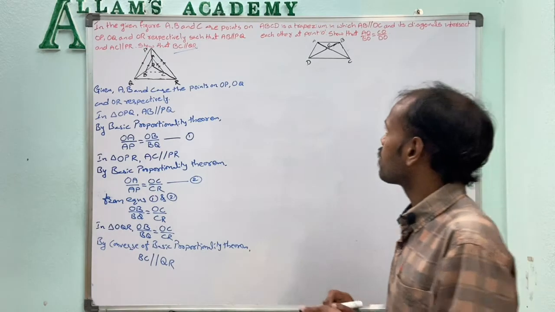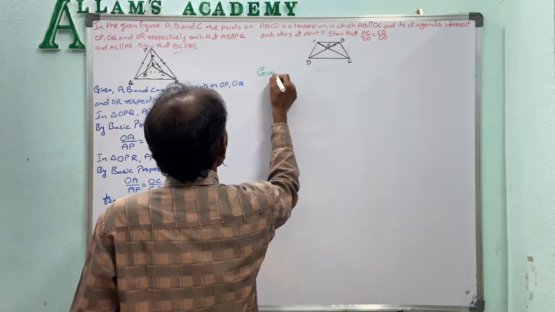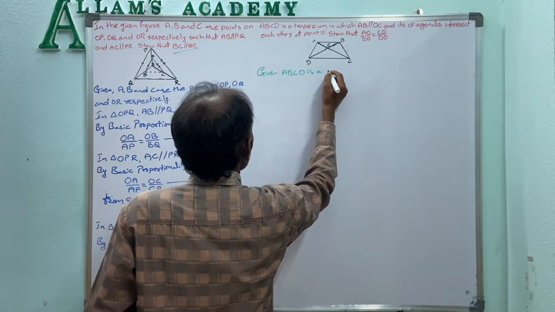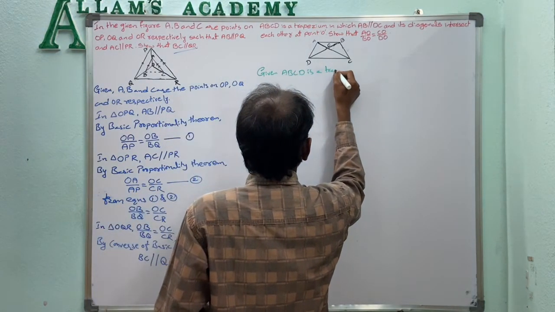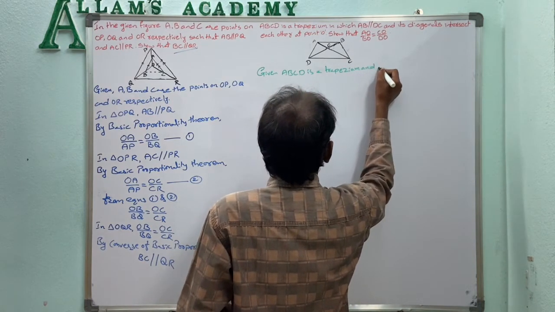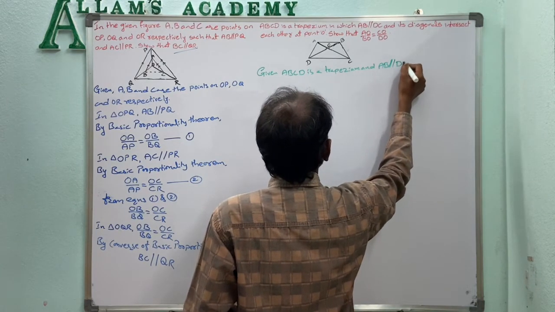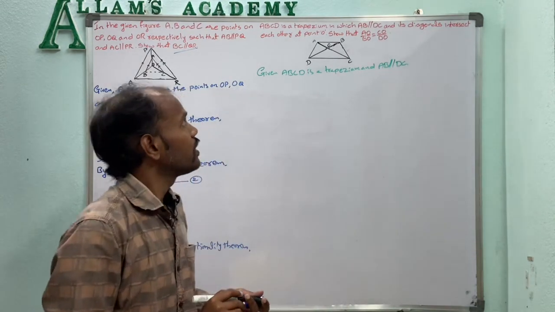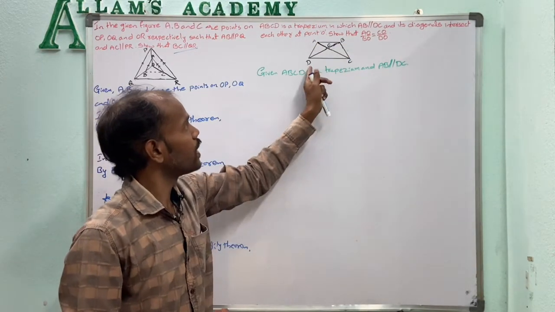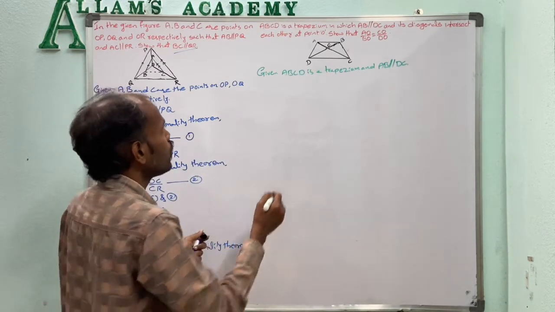Writing the given information: ABCD is a trapezium and AB parallel to DC, and the diagonals AC and BD are intersecting at point O.